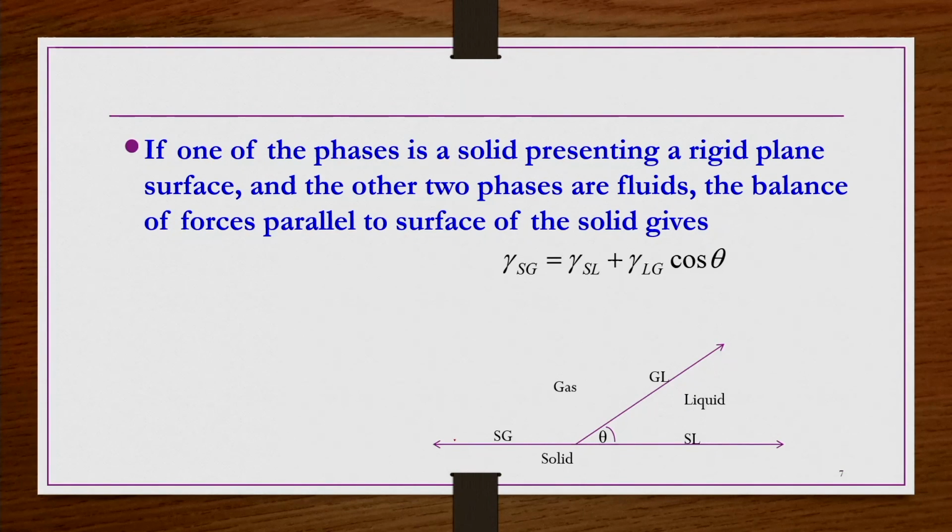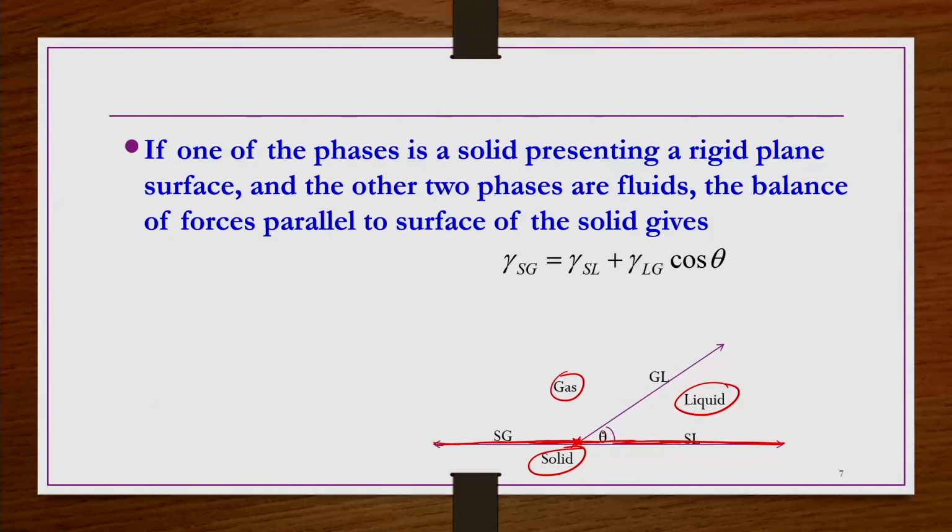Let us say you have a solid surface like this, and there is a liquid and then gas, all three in contact. At this point, if you wanted to know the contact angle, how the interfacial forces are acting, that you wanted to know at this point.